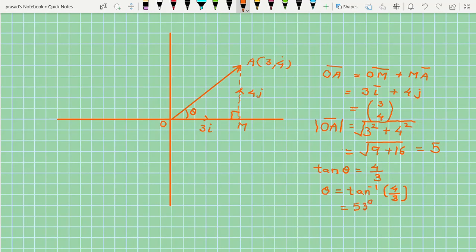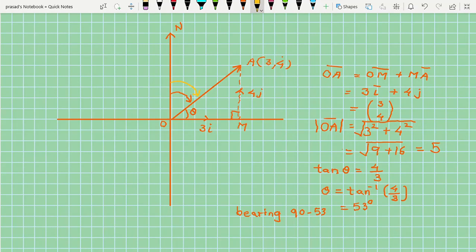Now suppose I want to express the direction in terms of bearing. Now what is the bearing? It is the angle made with the north direction in the clockwise sense. Obviously in this case the bearing of this vector will be 90 minus 53, because the bearing will be in this case this angle starting from north up till line OA.